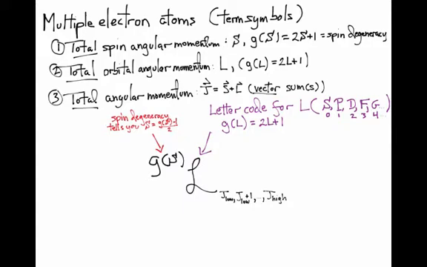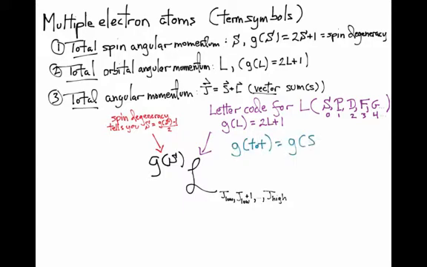Now it is important that the total number of states, remember the degeneracy is an indication of the number of states associated with something. So we've got a bunch of spin states here that are various values of the total spin angular momentum, and we've got a bunch of orbital angular momentum, L states, and the total number of states is the product of those two.